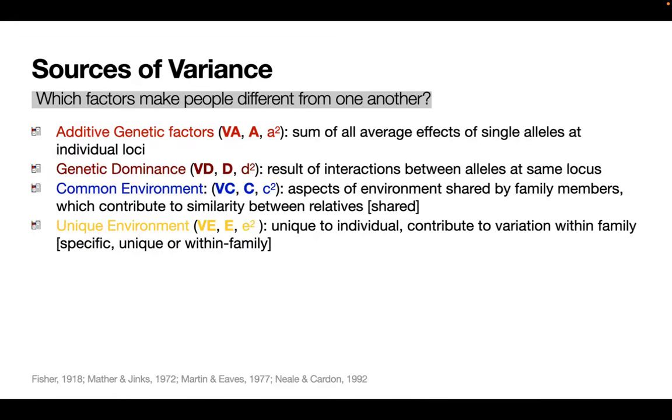These are also referred to as shared environmental components. Contrast the unique environmental components, also called specific or within-family environmental variables, which are unique to an individual and thus contribute to differences or to variation within a family.